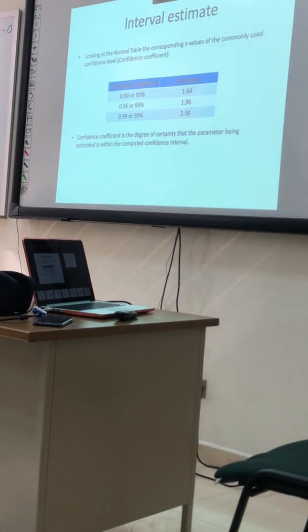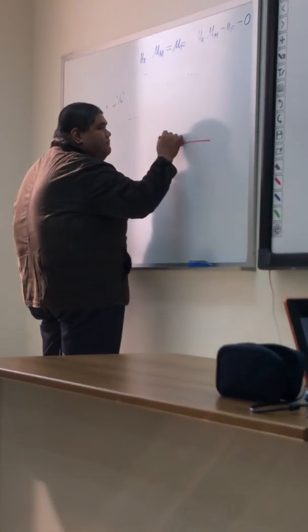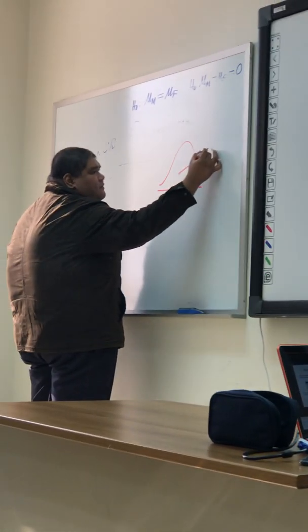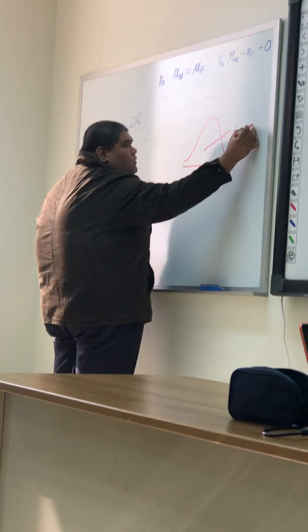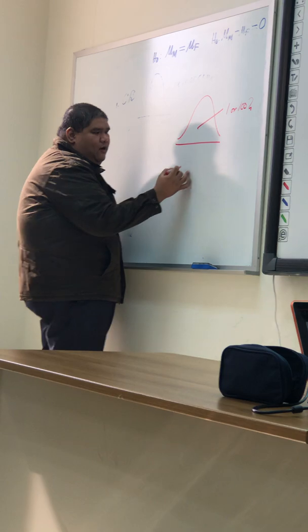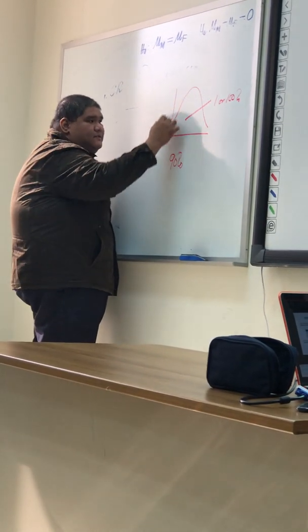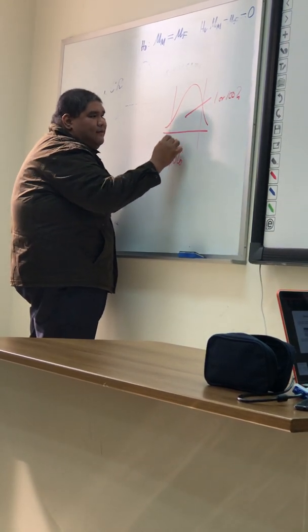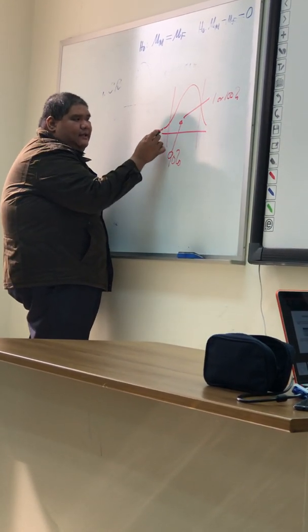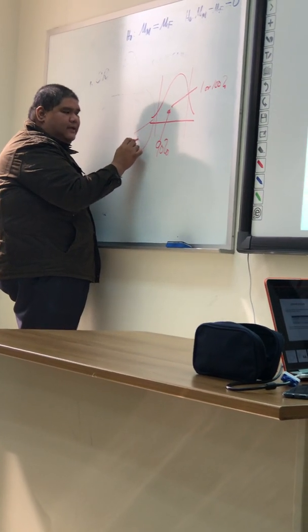How would I know? Remember, what is the total area under the normal curve? The area is equal to 1 or 100%. Isn't it? Now, if I want a 90% level of confidence, that means I want the middle 90%. I will remove 5%.